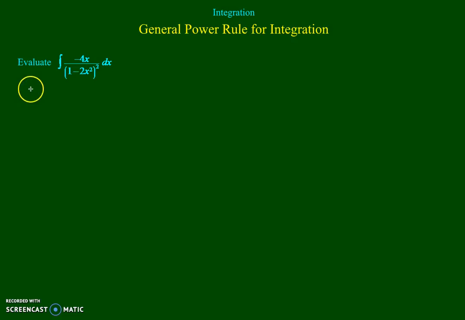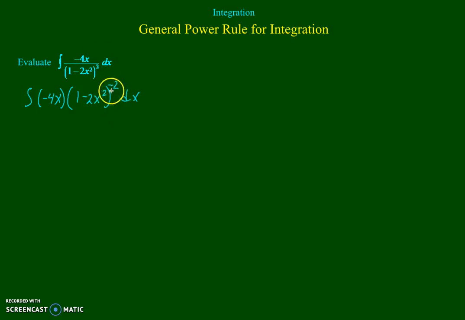This is actually going to be the integral of negative 4x times 1 minus 2x squared to the negative 2 dx. We just pulled this into the numerator, changing the sign of the exponent.